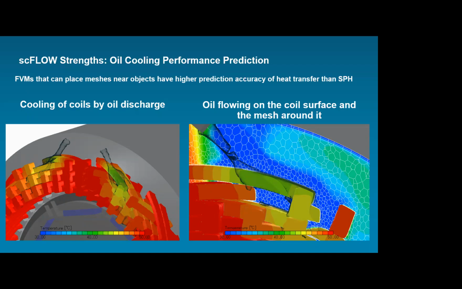Again, for liquid cooling, and this is true also for water cooling, SCFlow has a built-in cavitation model, which is also a very key feature to take into account to assess if our machine in some parts has some cavitation problems, in order to avoid some erosion problems and also some bad heat removal efficiency.